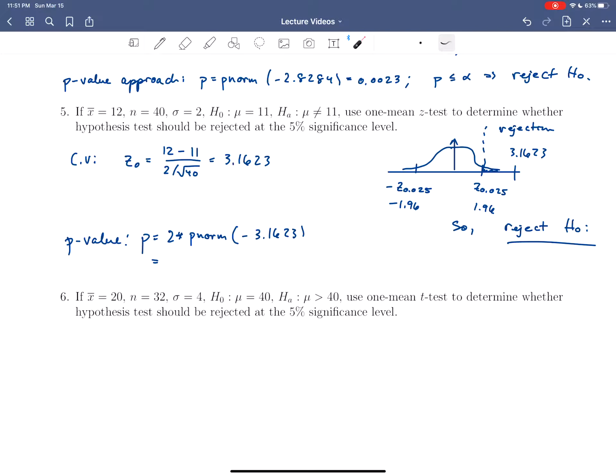So if we type it in, we're going to get 2 times pnorm minus 3.1623, and lo and behold, it's 0.0015. Even after it's multiplied by 2, it's 0.0015.